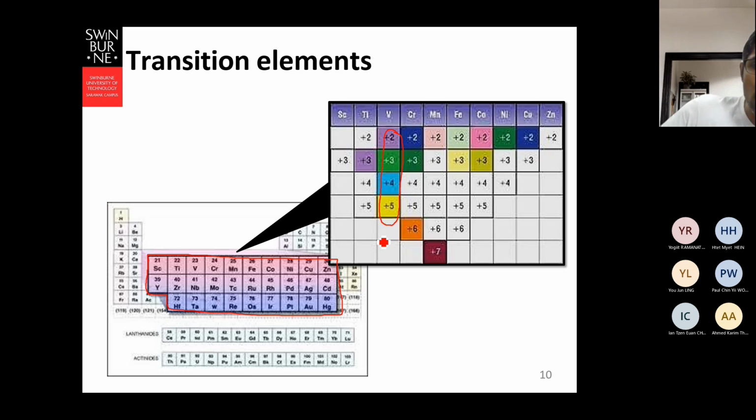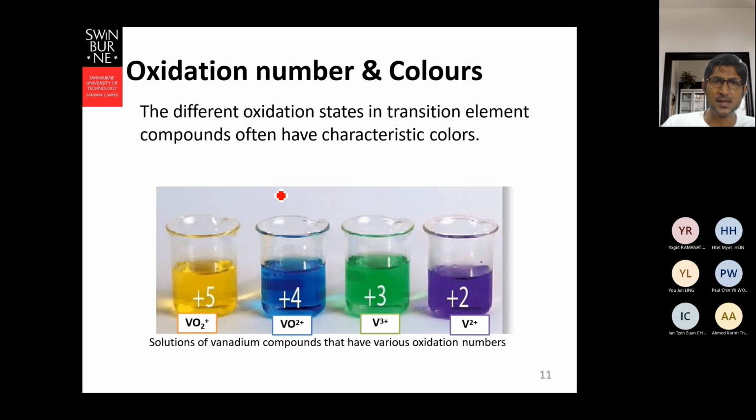Chromium has even more. Manganese has even more, although +6 and +7 are extreme; +2, +3, +4 and +6 are common and occur most of the time. Iron has quite many. Cobalt, nickel, copper and zinc all have different oxidation states.